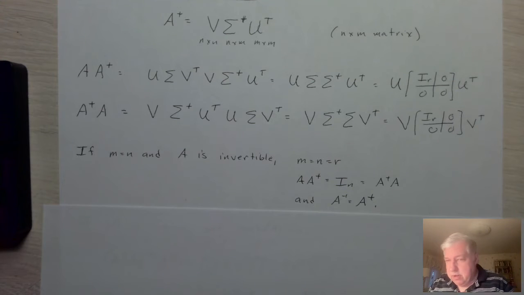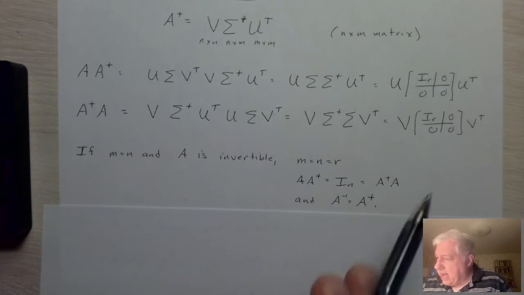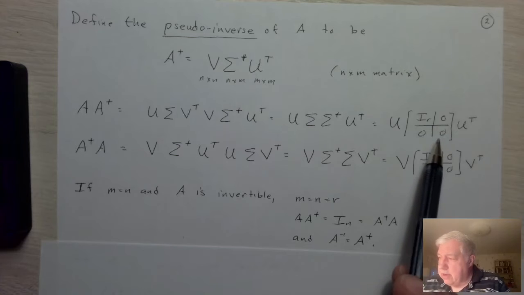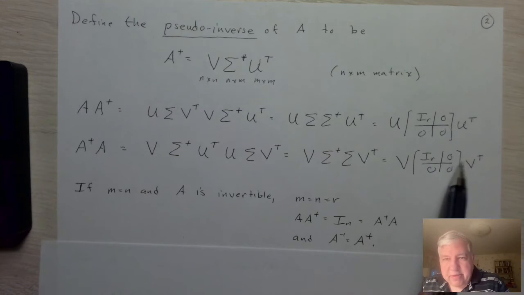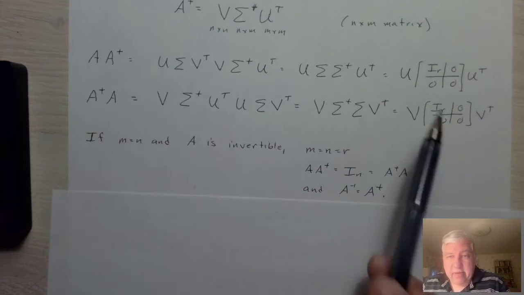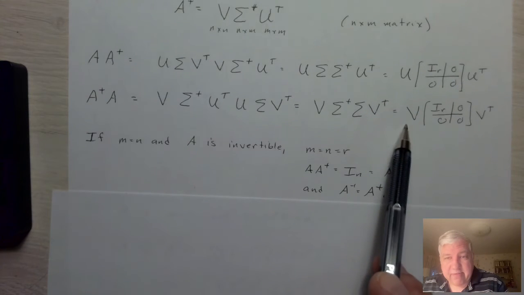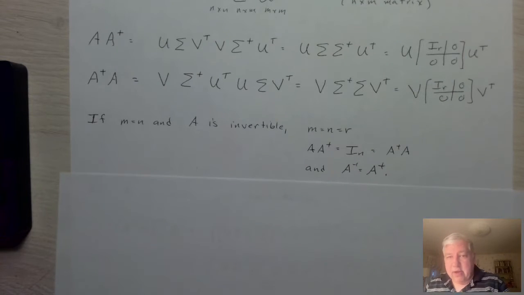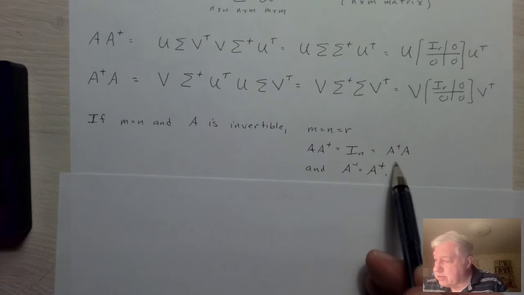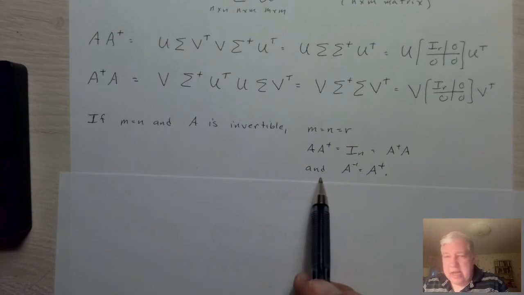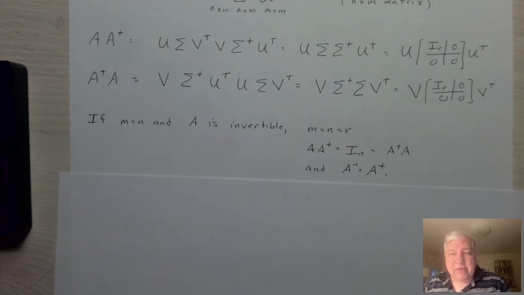So in that case, this matrix and this matrix just become the identity matrix of size n or m. Then the U and U transpose cancel out, the V and V transpose cancel out, and we get the identity matrix.